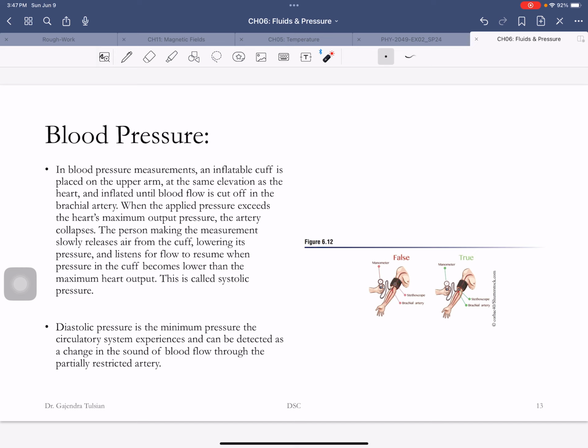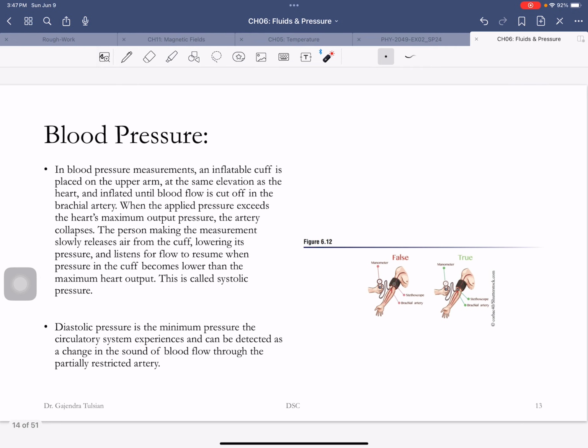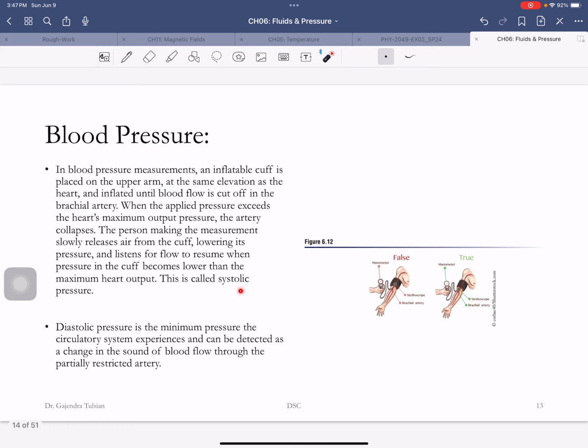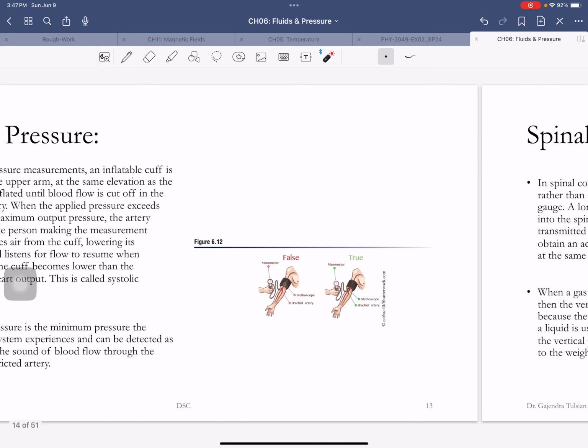When it's unrestricted, the flow will be smoother and there won't be any sound, or the sound will be of a different nature. So the systolic pressure is the maximum pressure that the heart is pumping out, and the diastolic pressure is the minimum pressure.